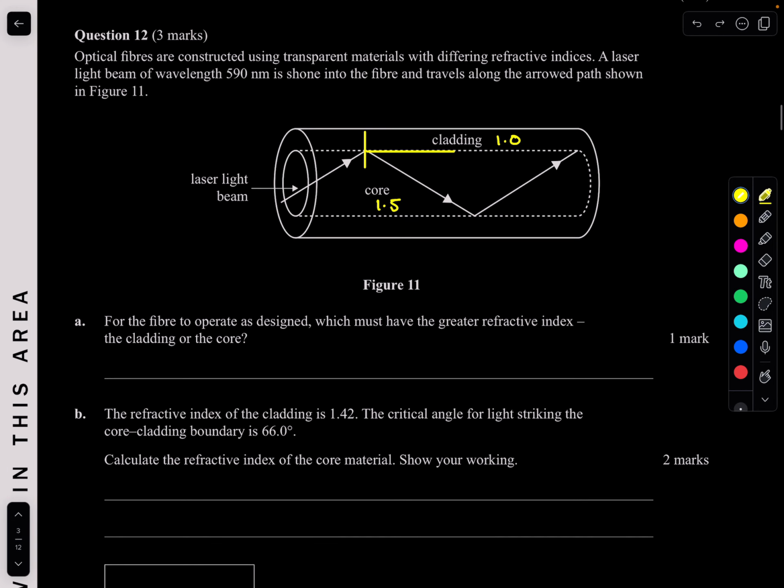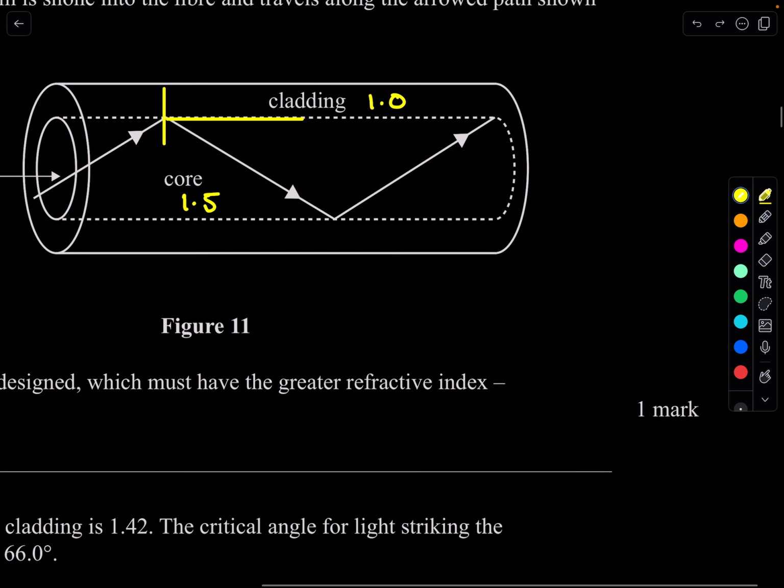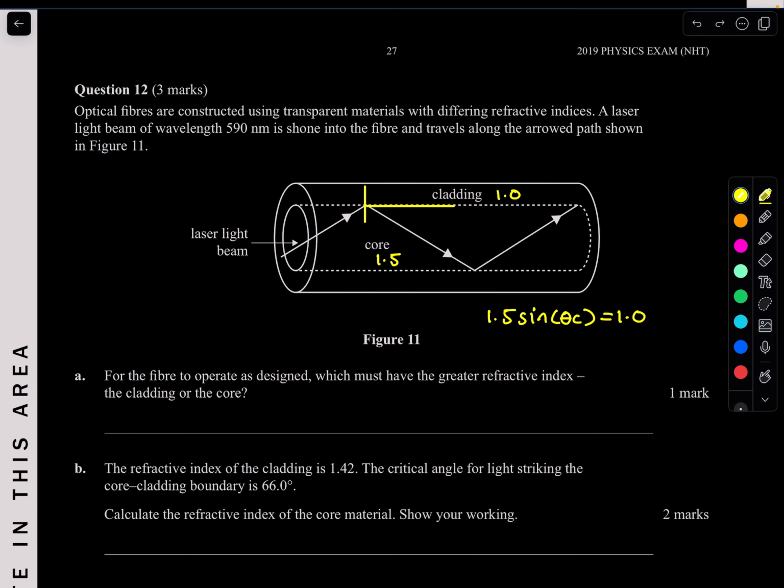So it's going to be n1, which is the core, 1.5, sine of the critical angle theta C, is equal to 1.0. That's assuming that the core has the greater refractive index. That gives me 1.0 divided by 1.5, and the sine inverse of that gives me about 42 degrees. So I actually get an angle.